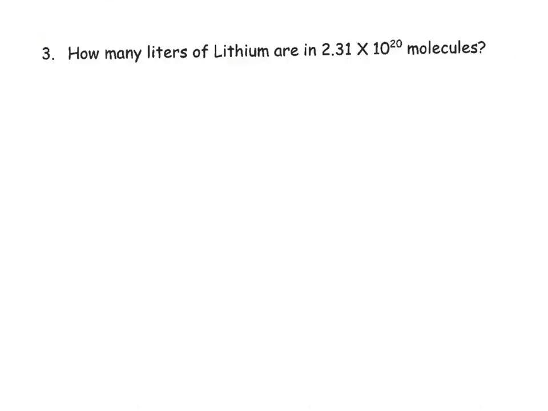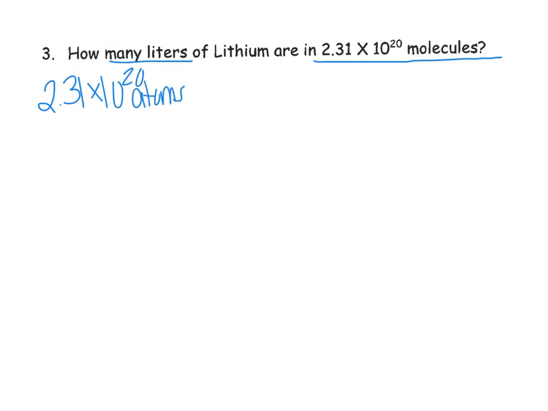Okay, let's do liters. Here I have 2.31 times 10 to the 20th molecules, atoms, and this problem wants how many liters. So I'm going to start with what's given, 2.31 times 10 to the 20th, and that is, for our purposes, they're the same, atoms of lithium.